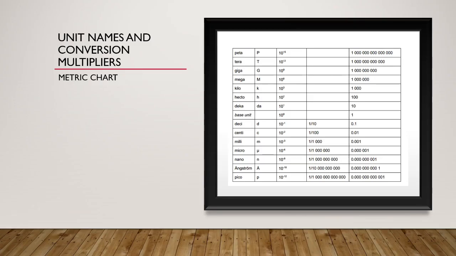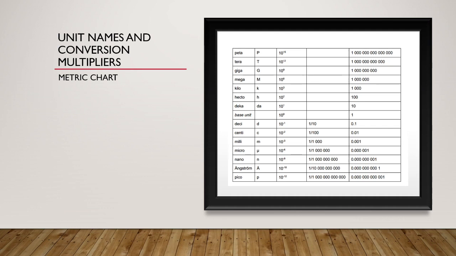These are some of the unit names and conversion multipliers, or we can call it a metric chart. So in this table, the biggest is called peta. It's 10 to the power of 15, or 1 million billion times something of the base unit.